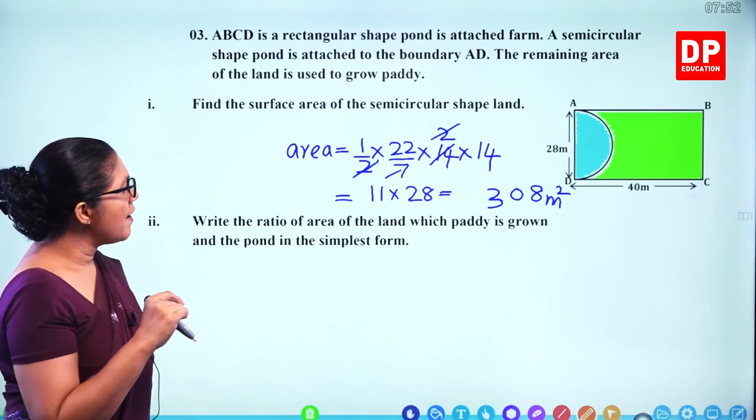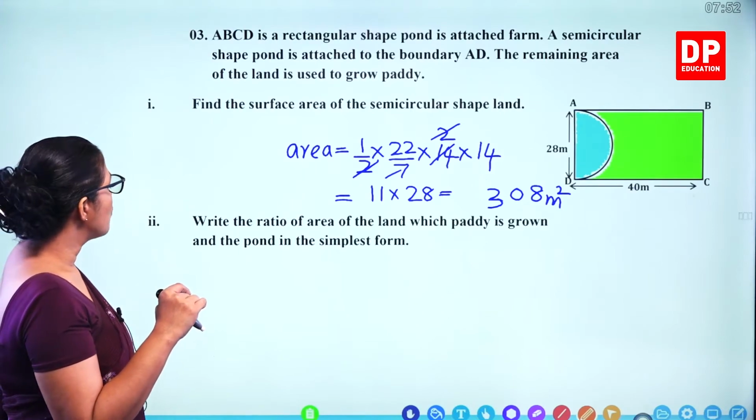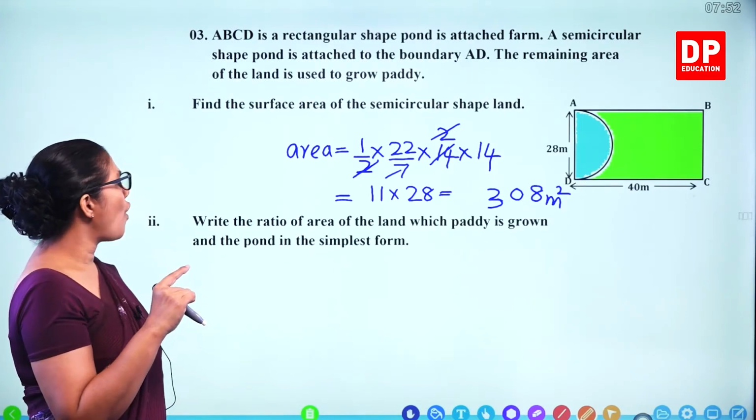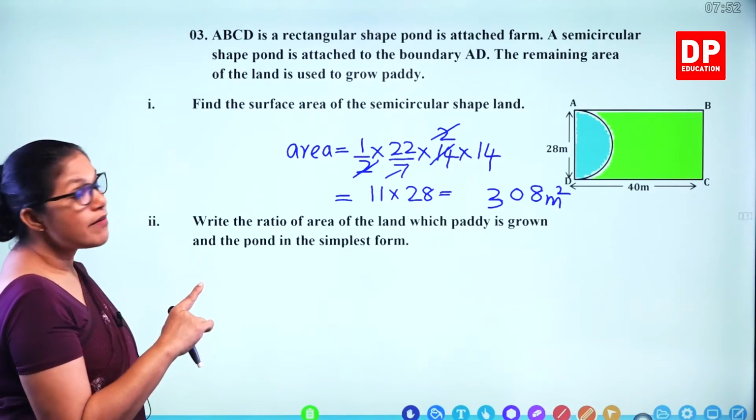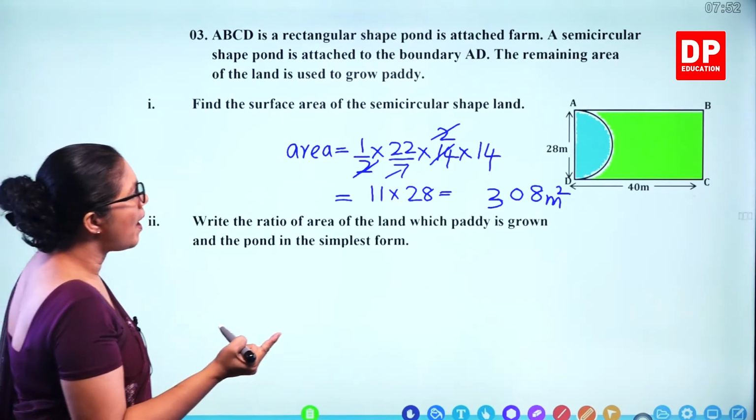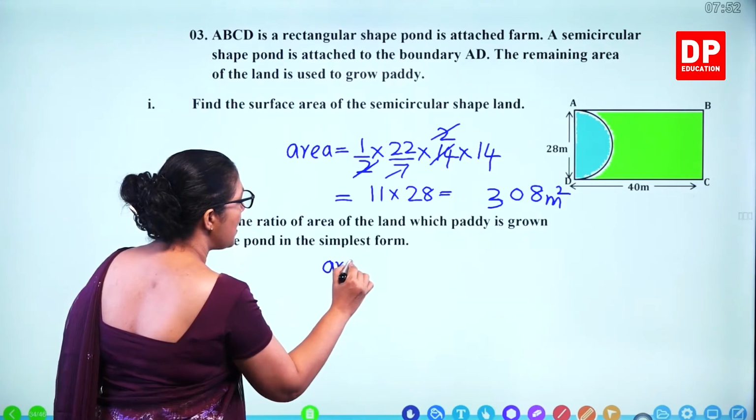Write the ratio of the area of the land where paddy is grown and the pond in the simplest form. So we found out the area of the pond. So what is the remaining part? Area of the remaining part?